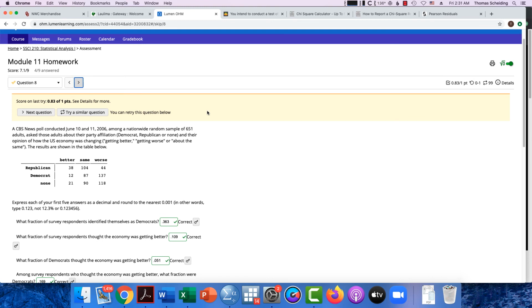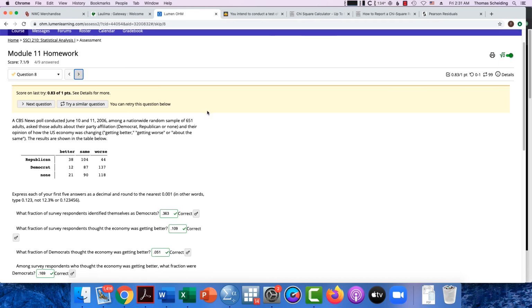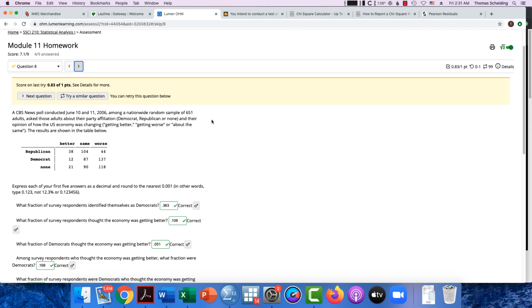And then over here, to solve number 8, I basically just started writing out, again, you're calculating proportions like you were in the very first question. When you read the question slowly, if I want to say, what fraction of survey respondents are Democrats?